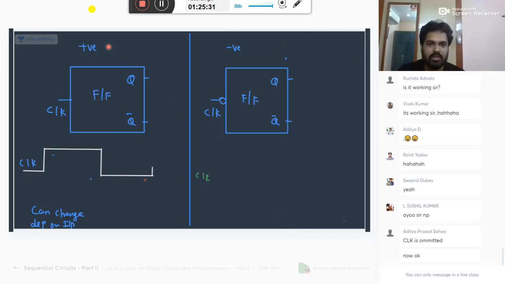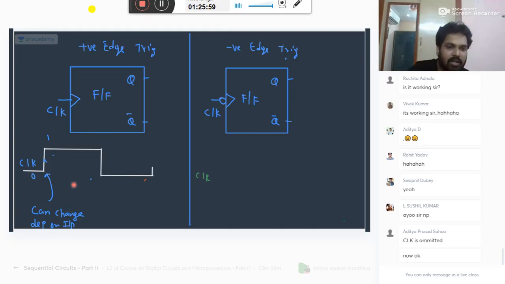So now we are discussing positive edge triggering and negative edge triggering. Okay. So this is the symbol. You will be having sharp triangle here. In the positive edge triggering, when clock changing from 0 to 1, output can change depending on the input.